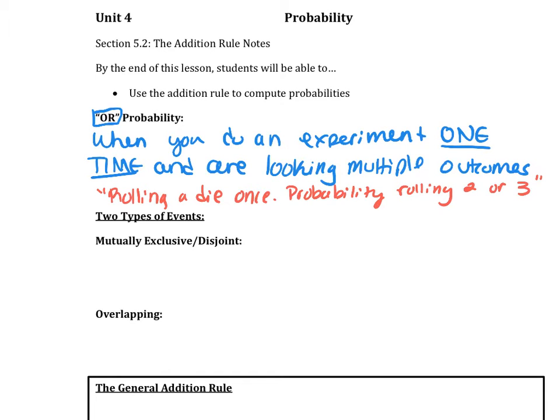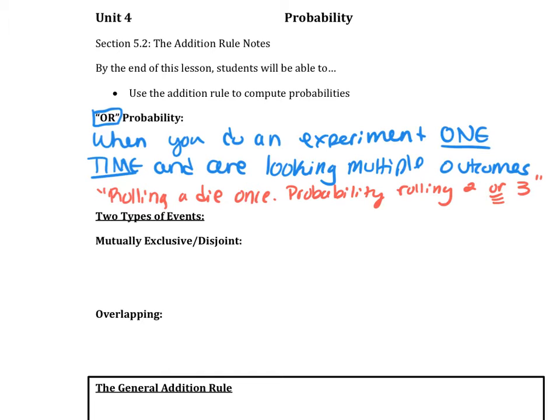Because you're only doing the experiment one time, you're only going to get one number as your result, and you would be happy with a 2 or a 3 for that result. OR is the key word there to let you know that you're only doing the experiment one time.